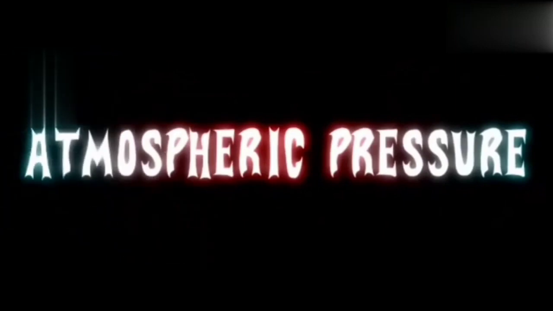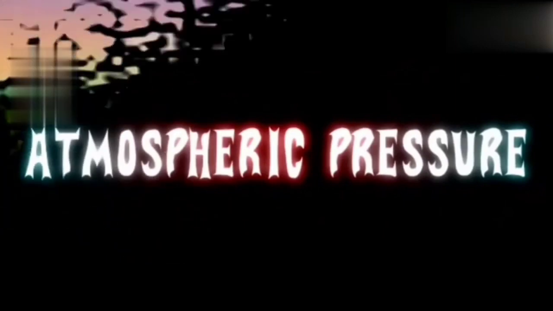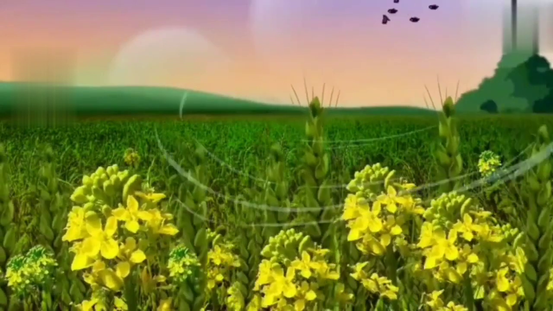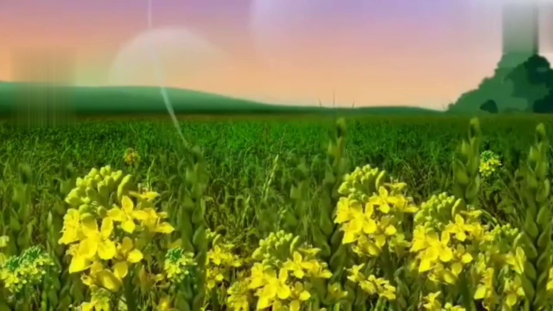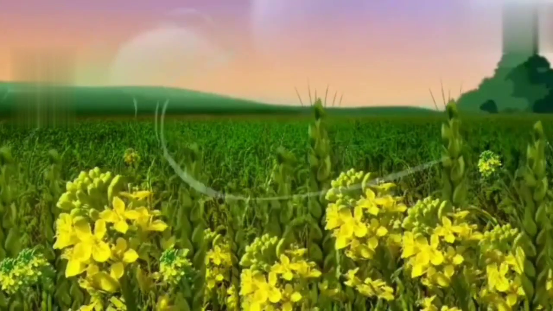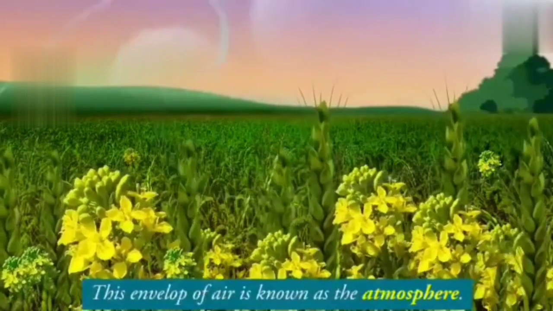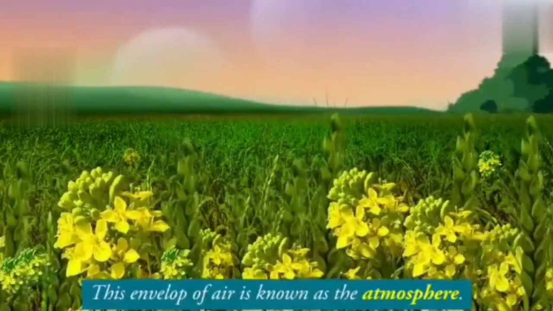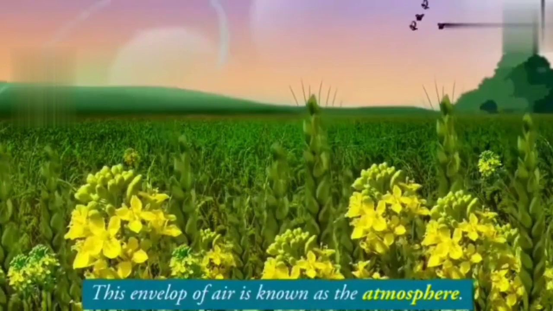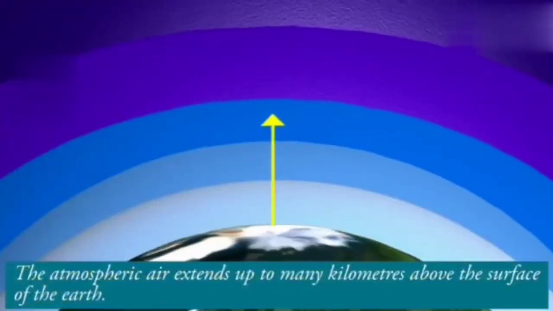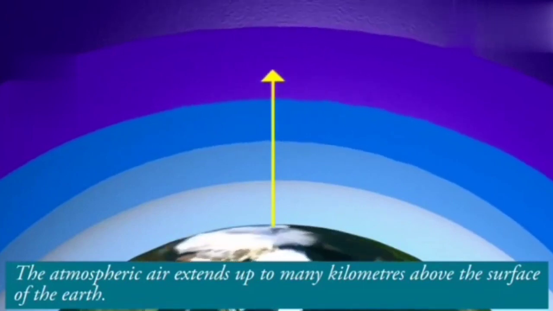Atmospheric pressure. You know that there is air all around us. This envelope of air is known as the atmosphere. This atmospheric air extends up to many kilometers above the surface of the earth.